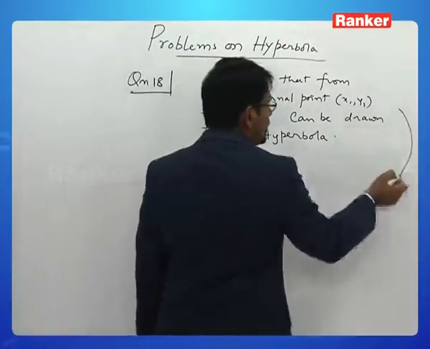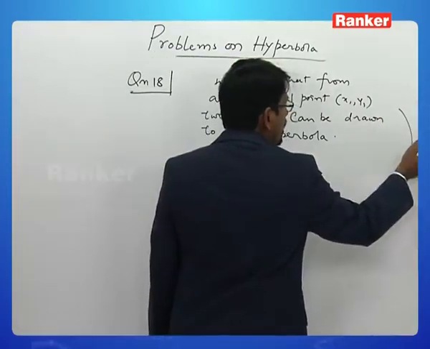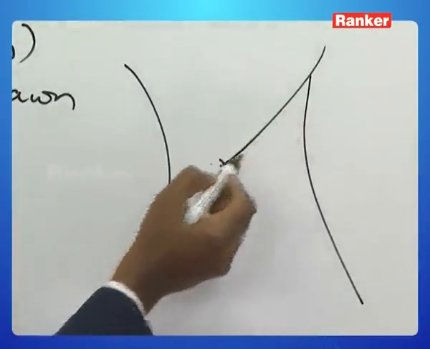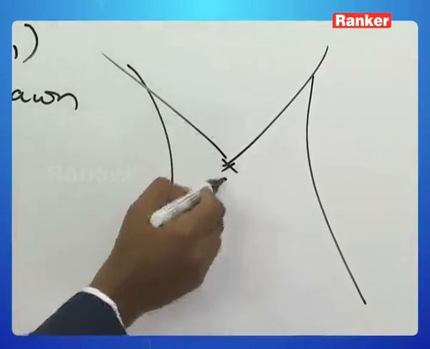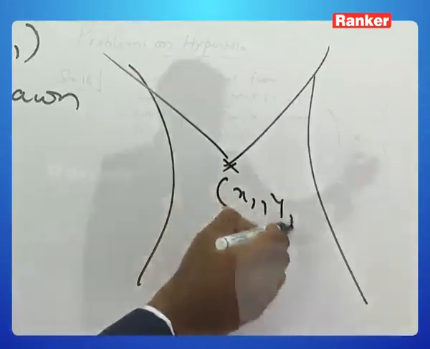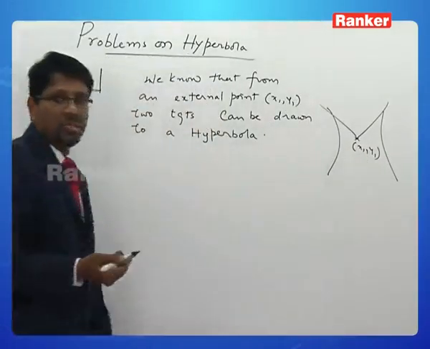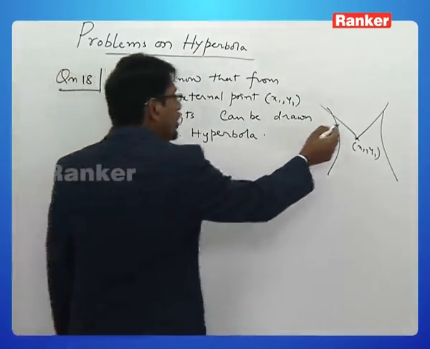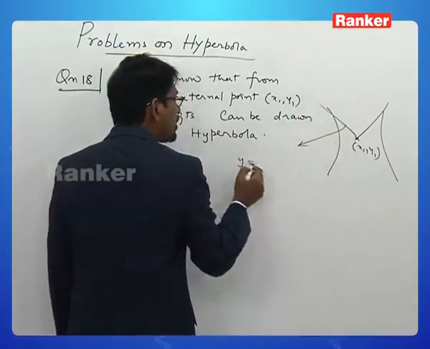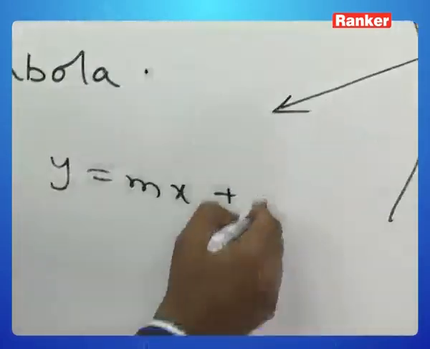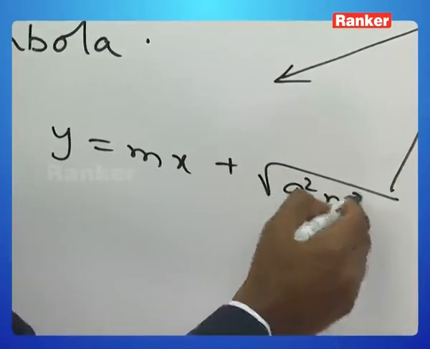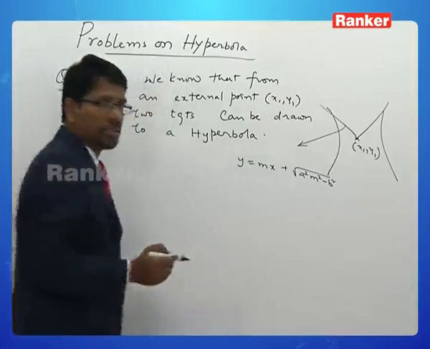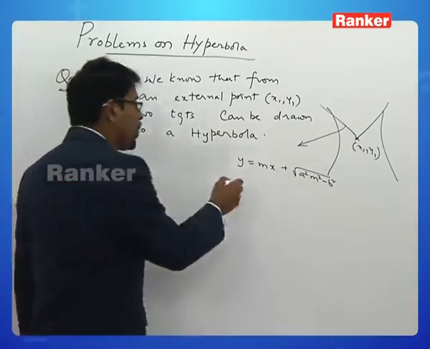Suppose you have a hyperbola. From some point x1 comma y1, we will be able to draw two tangents to the hyperbola. What is any equation of the tangent to a hyperbola? Y equal to mx plus under root over a square m square minus b square. Let's say that is the equation of the tangent. And that is passing through x1, y1.